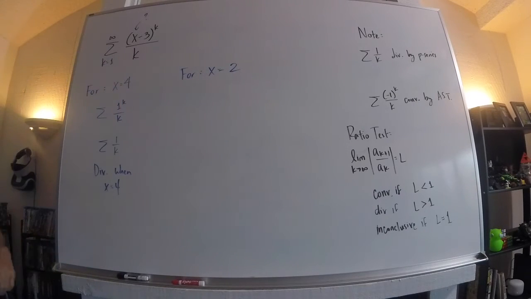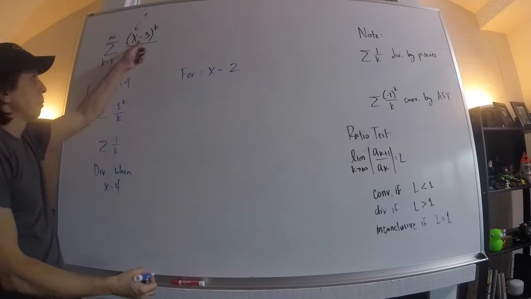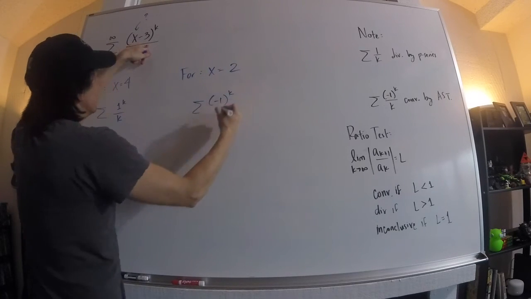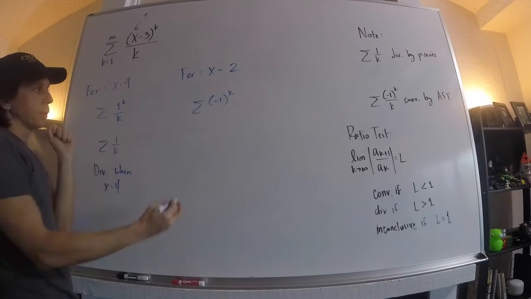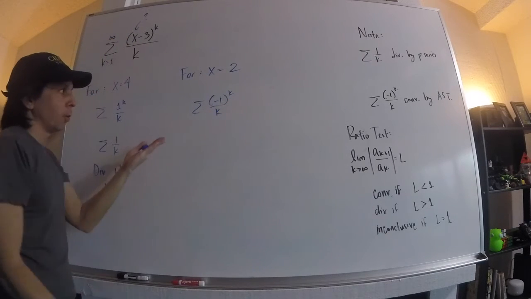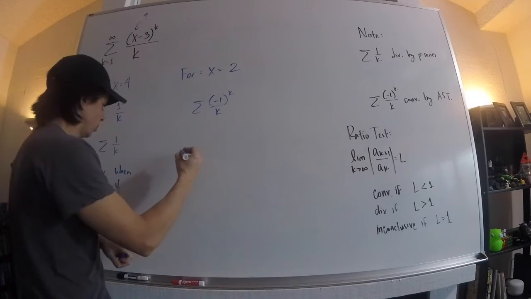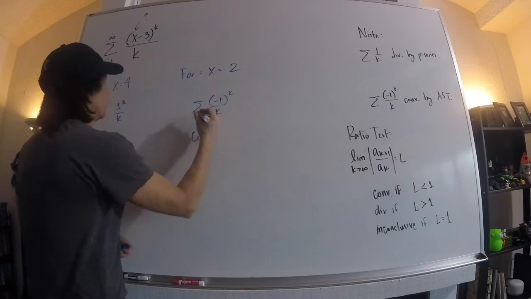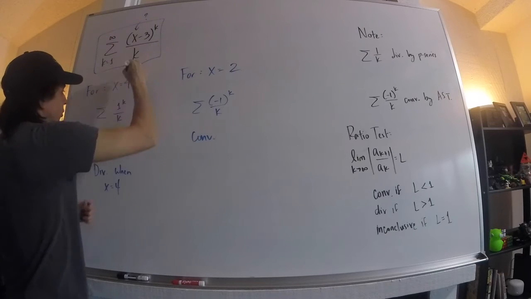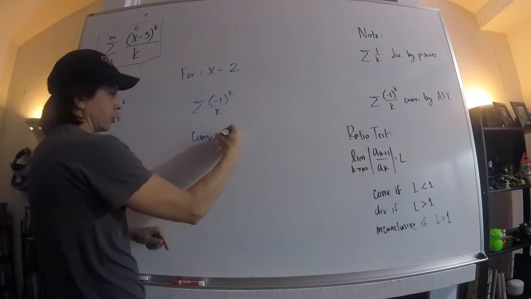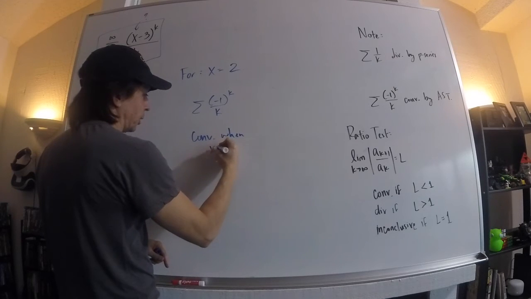For x equal to 2, I would plug in 2 there, and that leaves you with a negative 1 in the parentheses, to the k over k. Knowing that that's now alternating, I know it converges by the alternating series test. So this power series diverges when x is 4, and converges when x is equal to 3.